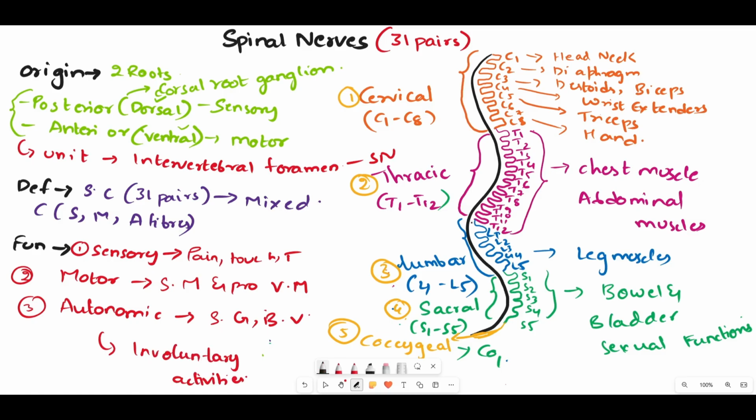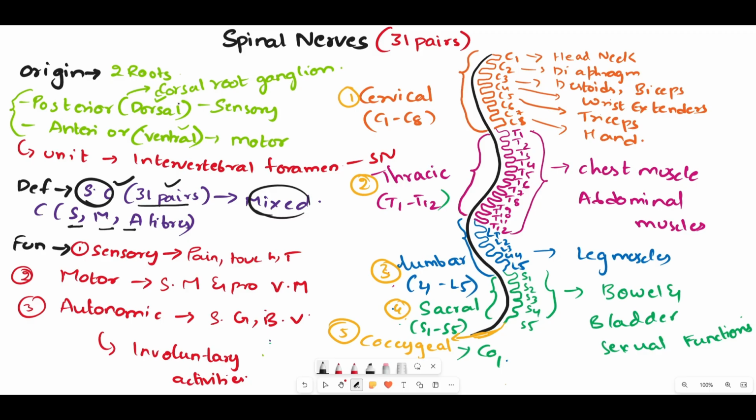If a question is asked stating to write in detail about the spinal nerves, you have to start with the definition. What you write first is that spinal nerves arise from the spinal cord. There are 31 pairs, and all of them are mixed nerves. They carry sensory, motor and autonomic fibers. Write this point. Then next, you write its origin.